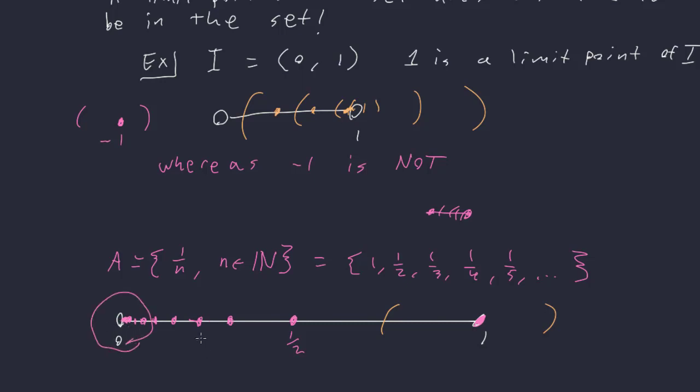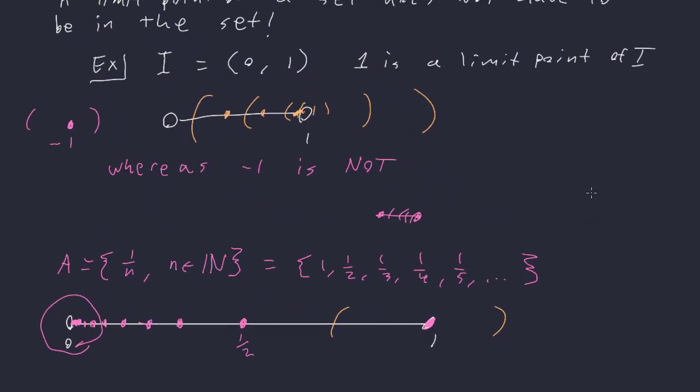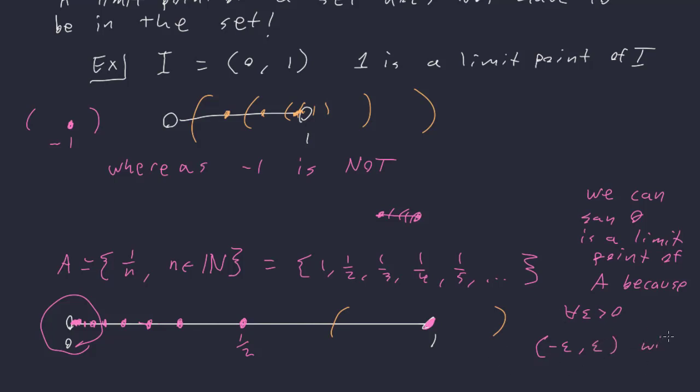So we can say that 0 is a limit point of A, because for all epsilon greater than 0, this epsilon neighborhood, negative epsilon to epsilon, will contain a 1 over n of some kind.